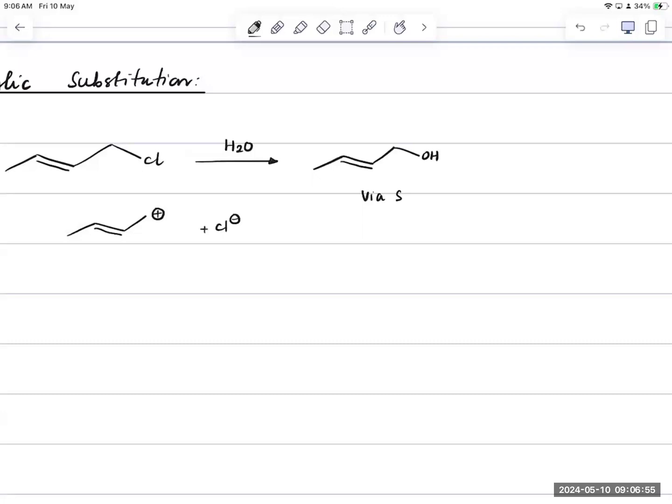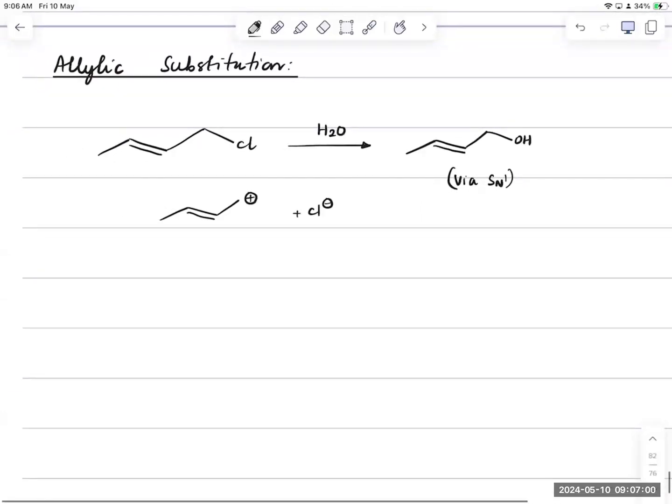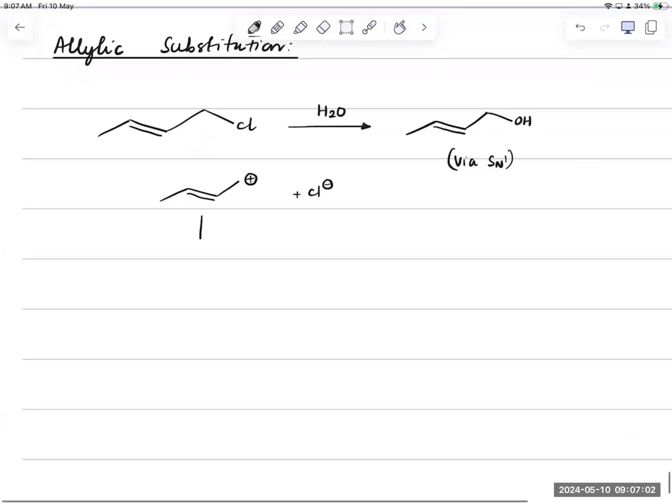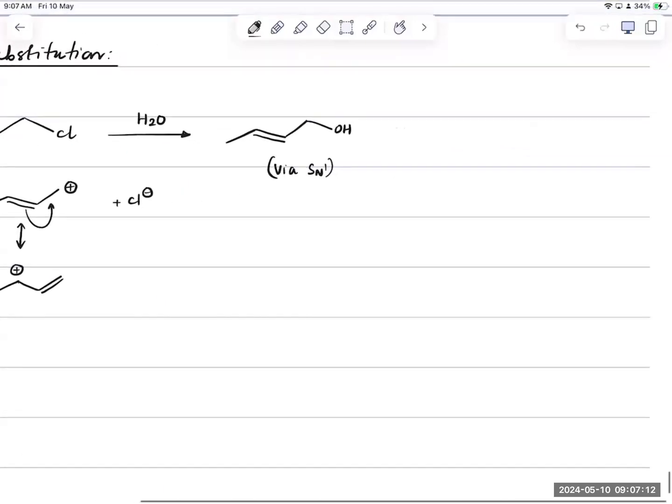This is via the SN1 mechanism because you're attaching at the same position. But due to resonance, this pi bond moves here, and we get a double bond with positive charge. Because of this, there is another product we can form, with OH here.